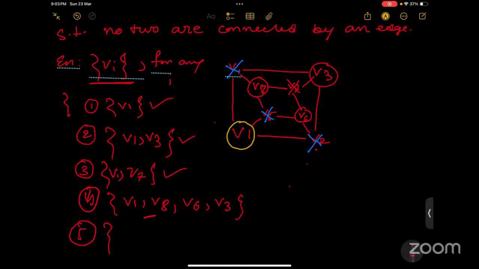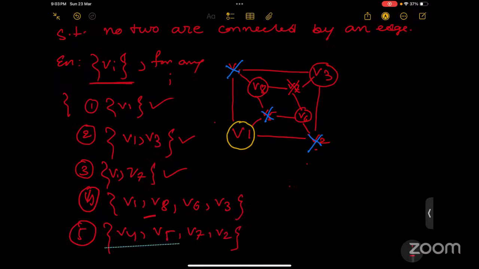Start with V4. Once you take V4, that means we exclude V5 and V7. Then V2. Yes, correct.